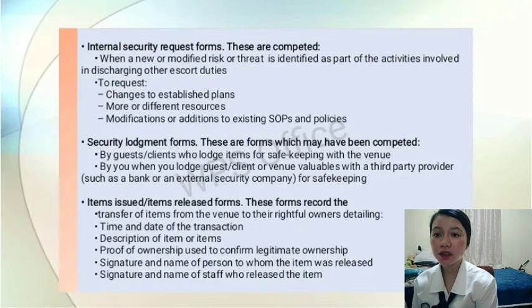Kailangan din ng signature para malaman kung na-release na talaga, and also para malaman kung sa kanila talaga yon. Signature and name of staff who released. Also, kailangan din ng signature ng staff na nag-release nun para malaman kung sino yung nag-release ng items na yon.